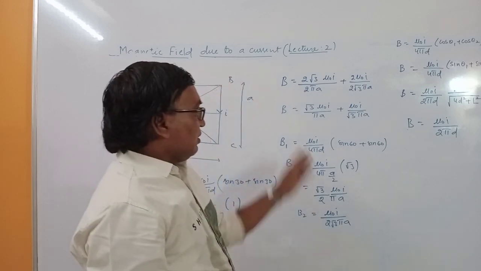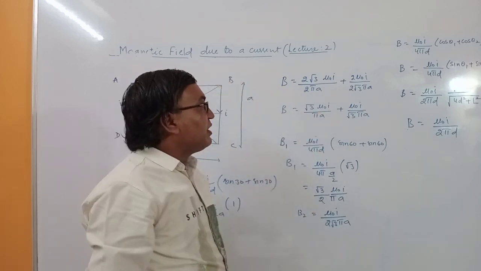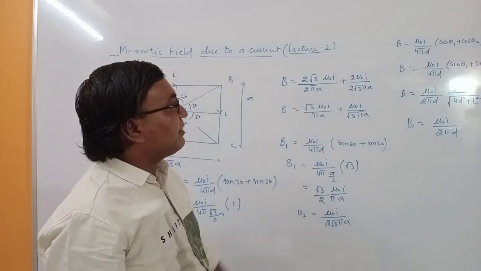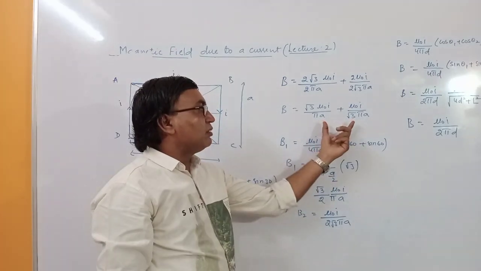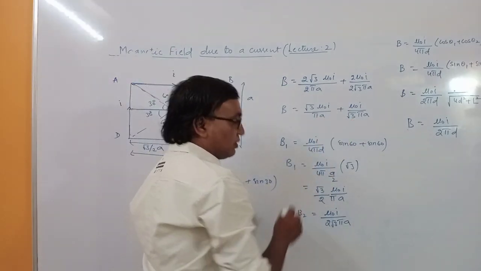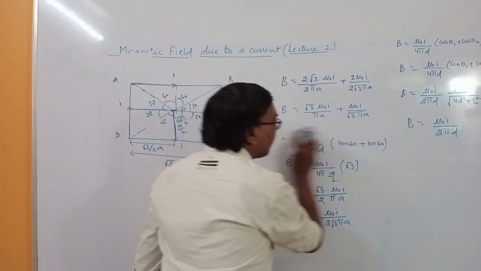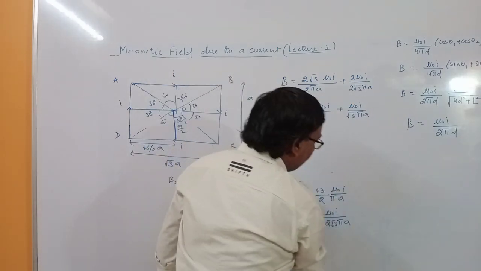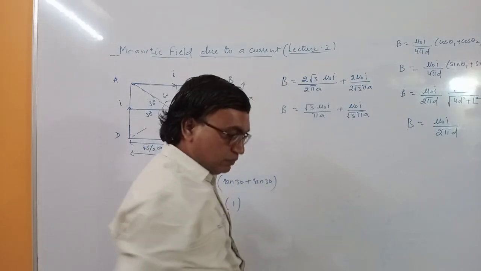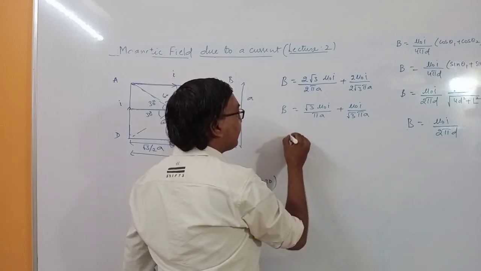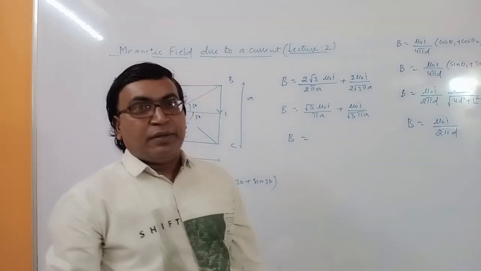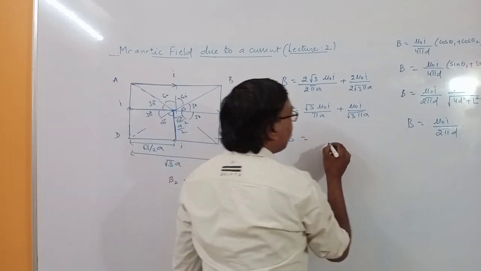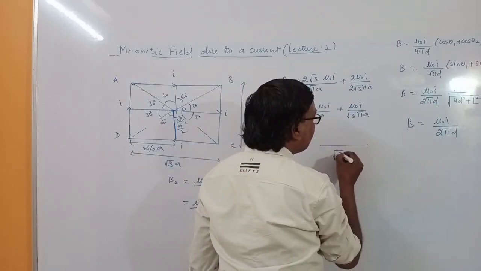If you want to simplify further, you can take the LCM, or you can keep it as it is. Finally, if you want to write more simplification, the LCM is root 3 pi a.